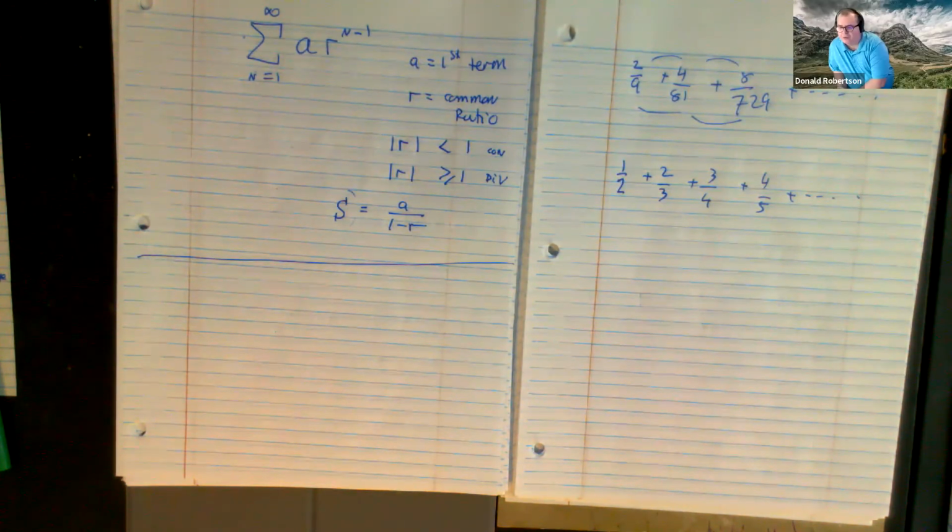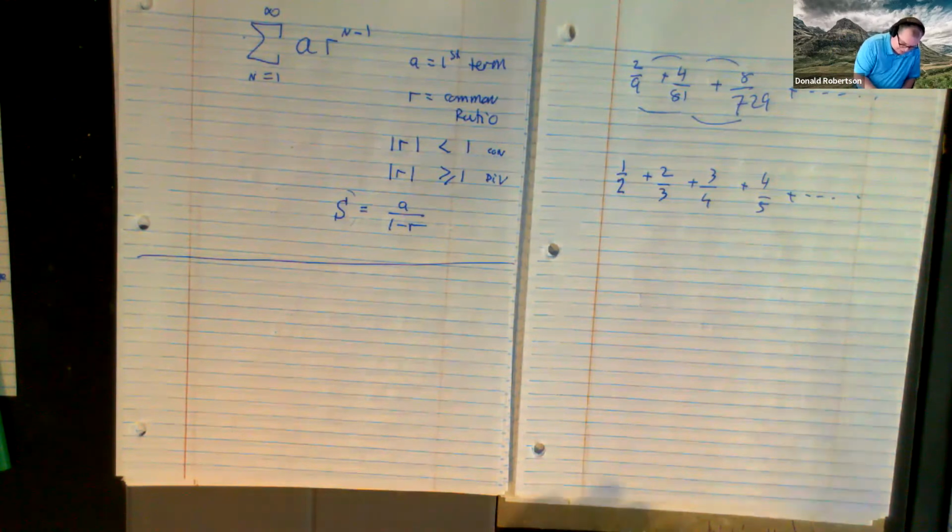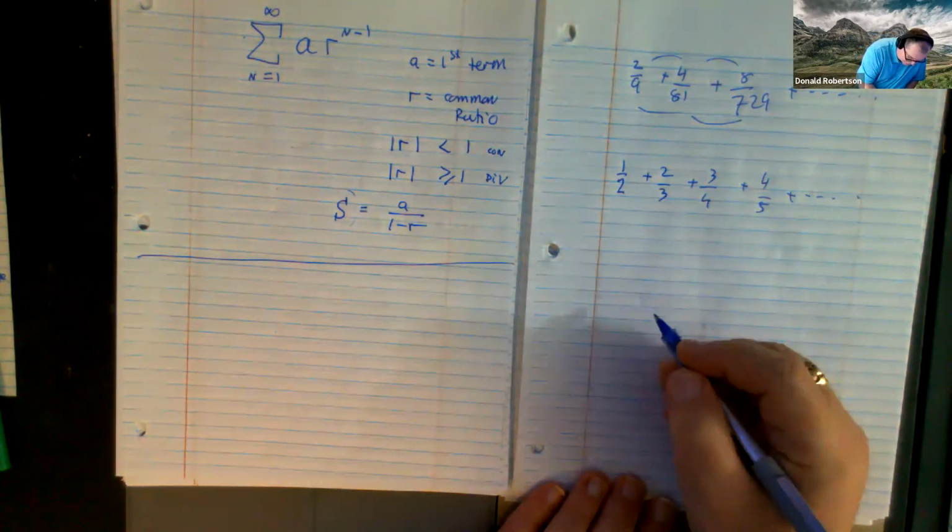Essentially, aren't you just adding 1 to the top and adding 1 to the bottom, right? You're not multiplying at all. But we still have to solve the problem of, does it converge or not? Well, that's a question that we need to answer.